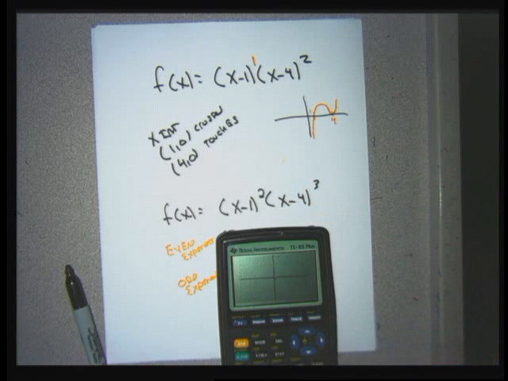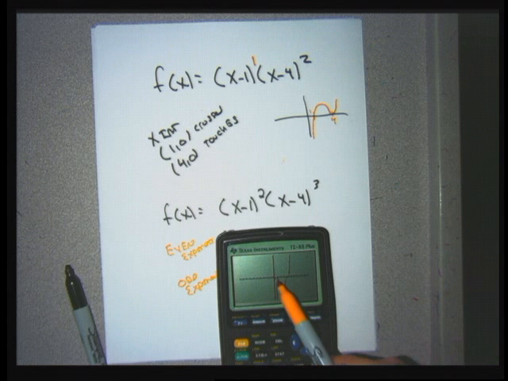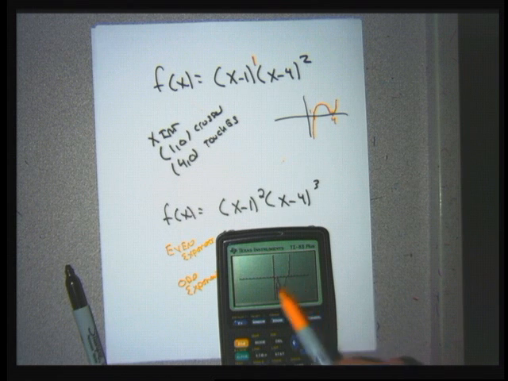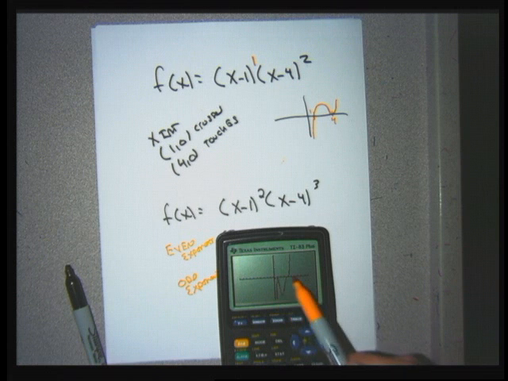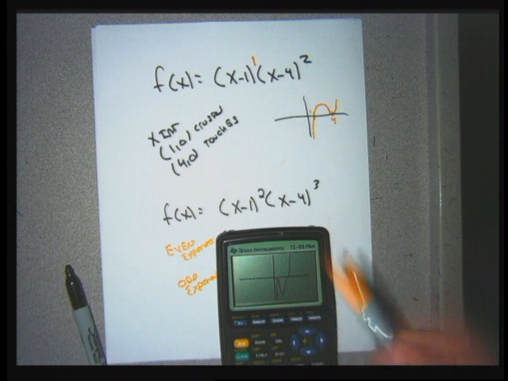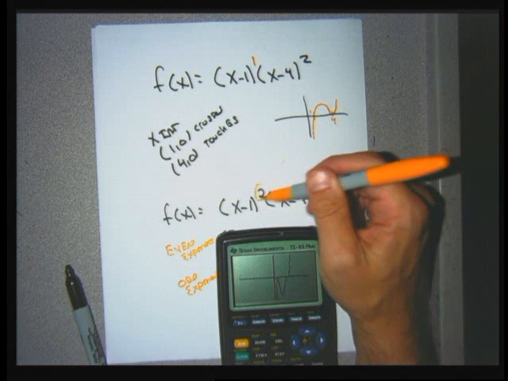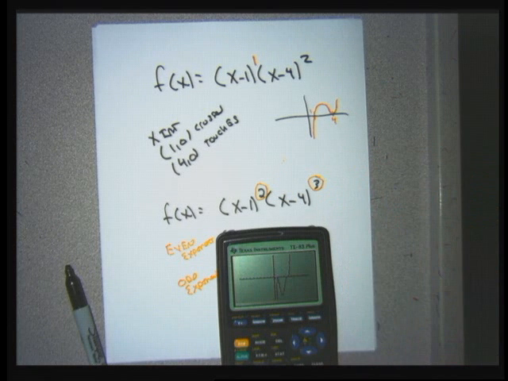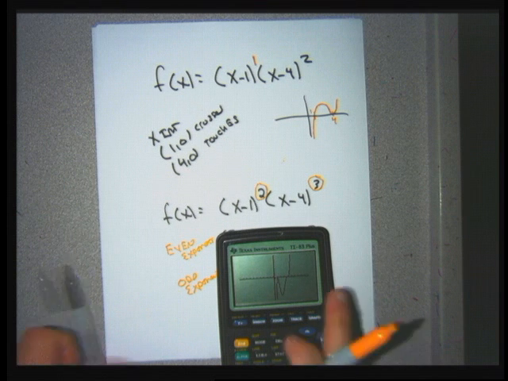So when I hit my graph button, at x equals 1, it touches but doesn't cross. At x equals 4, the graph crosses. Again, it doesn't tell me so much what happens between the 1 and the 4 or any place else in the graph. But if I have a polynomial that's in factored form, the exponent that's attached to the factor tells me whether the graph crosses or touches the x-axis at that point.